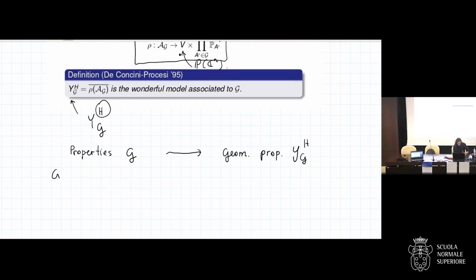For example, if G has the property of being building, which maybe someone already knows what this means, but I didn't say it, then it makes sense to define some subsets of G which are nested.